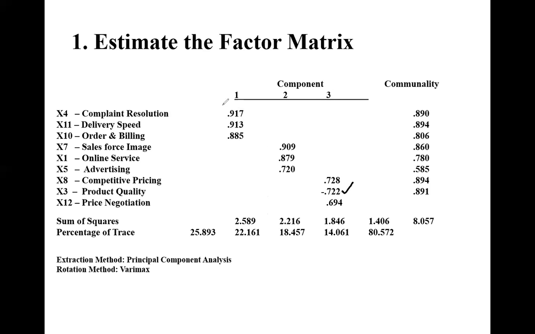I was talking about the eigenvalue. When we square this factor loading plus square of this factor loading plus square of this factor loading, we obtain the eigenvalue. Okay, this is eigenvalue. When we take the square of this factor loading plus this one plus this one, it is known as cumulative.